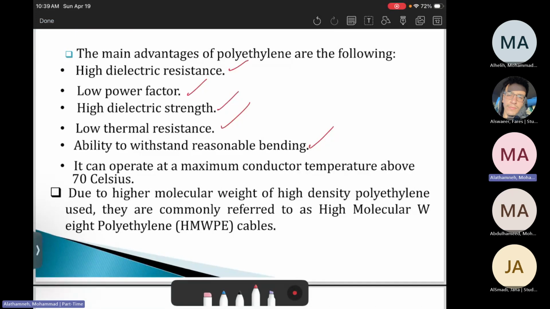It can operate at a maximum conductor temperature above 70 degrees Celsius due to the higher molecular weight of high density polyethylene. They are commonly preferred as high molecular weight types, which are called HMWPE cables.